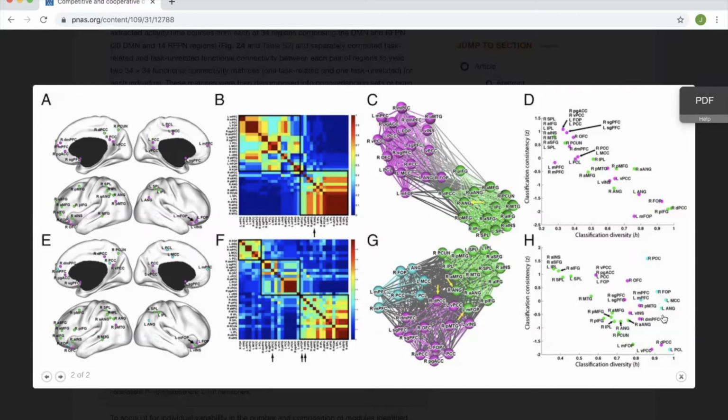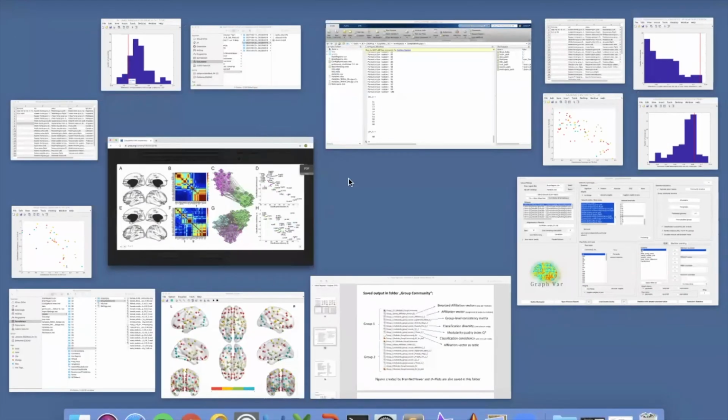So it could be that these are transitional nodes that facilitate information transfer throughout the landscape, but are also really important, especially this one, to enable information transfer within the same module. And they relate this to different task sets and so on. This is a really nice paper, and we've basically implemented what they've done here in GraphVar.